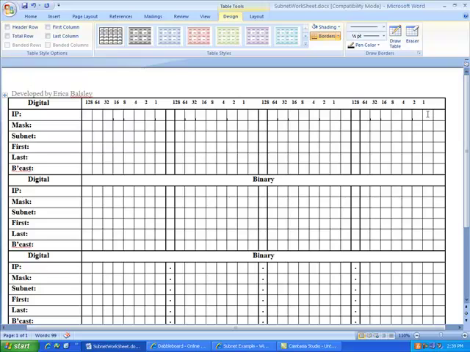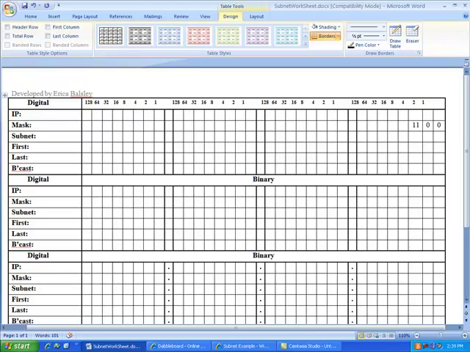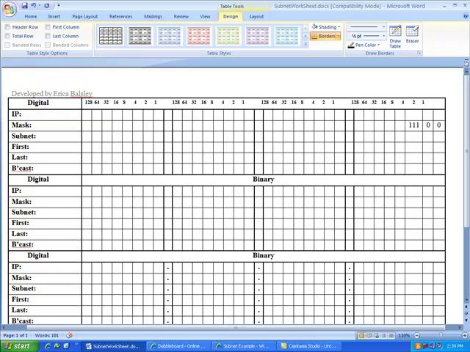So we would only need the last 2 bits as the hosts. Then we would add 1s to all the other positions in the subnet mask.